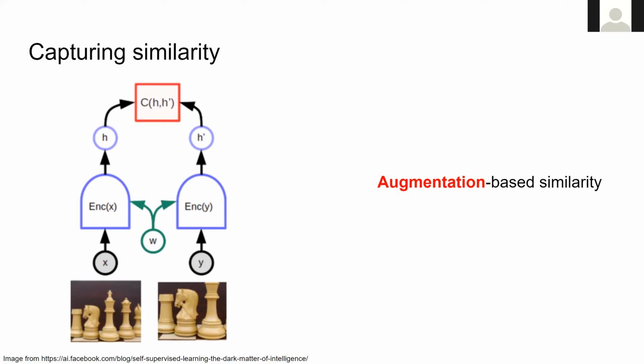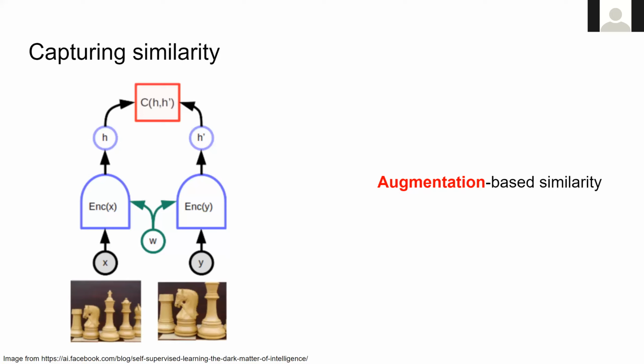We need to build these augmentations, these different views of the input that are different in terms of actual numbers and pixels, but represent the same concept, so are conceptually similar, so that our model can learn to bring them to similar locations in the embedding space. And so this is basically how we capture similarity.